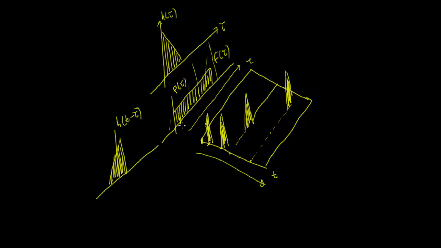Then when we integrate with respect to our tau axis, what we're doing is finding these areas, those individual areas, and when we find those areas, we're going on to another function, which again is in the t domain. That's the t domain there, and we're plotting those values along this axis.